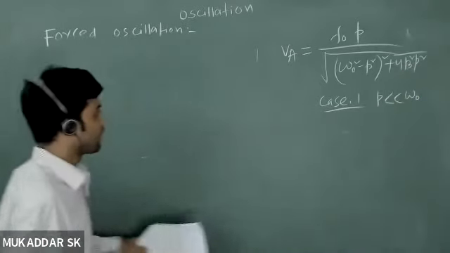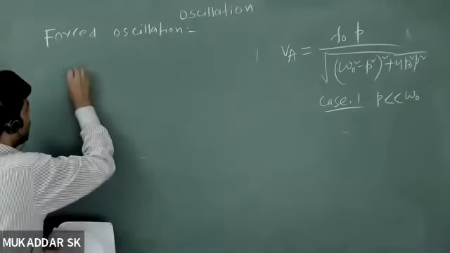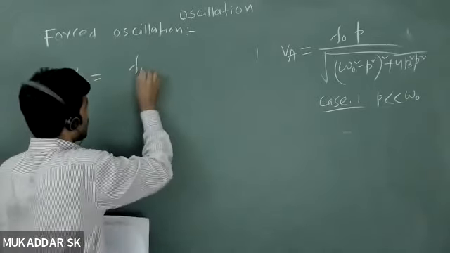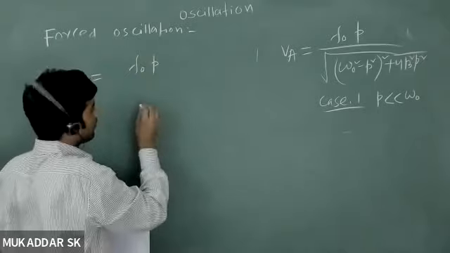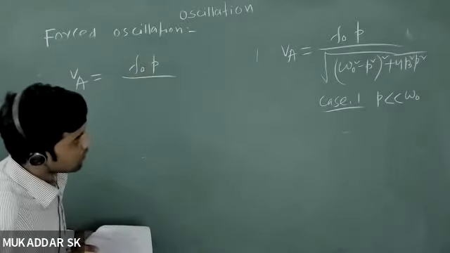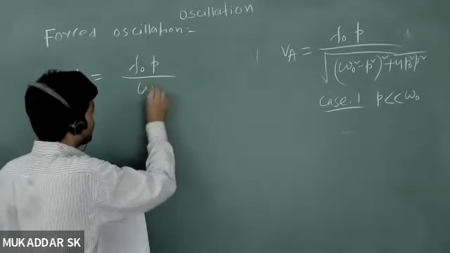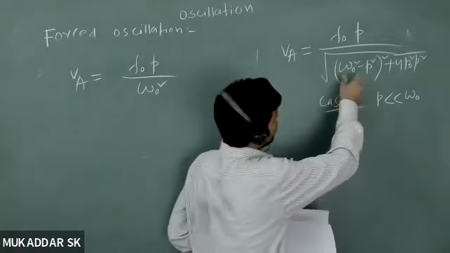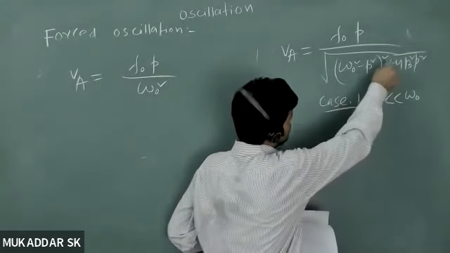So in that case, your Va will become F naught p divided by omega naught square, because this is omega naught square whole square.